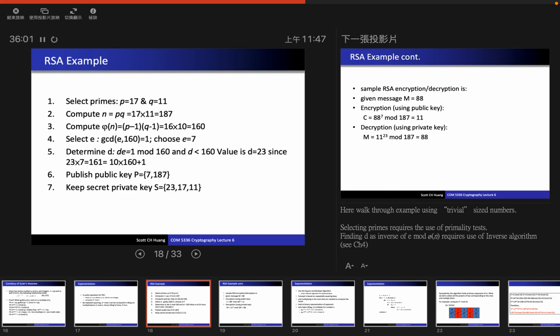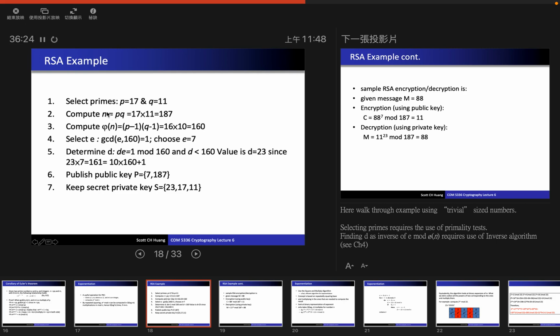So this P and Q, they're both 1024 bits. So N is equal to P times Q, which is about 2048 bits. So it's really big. Using decimal representation, it's more than 600 digits. It's really big. So P and Q.